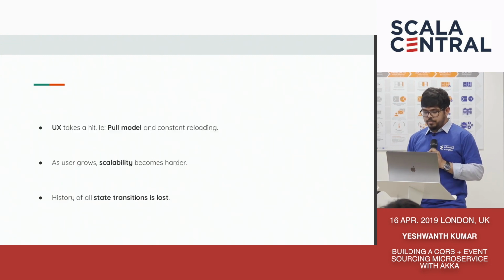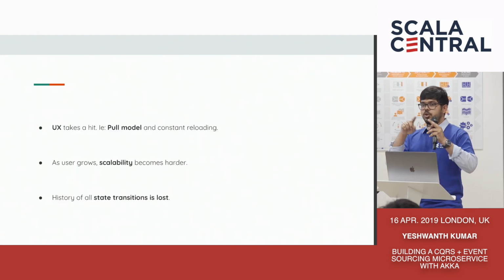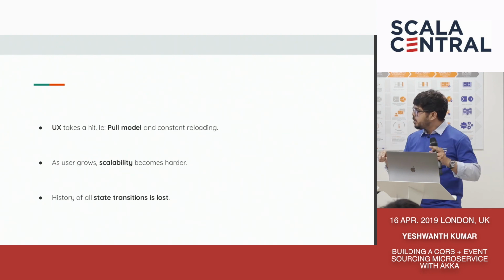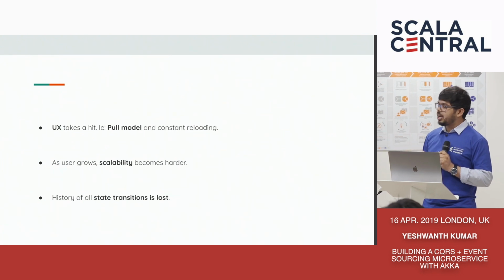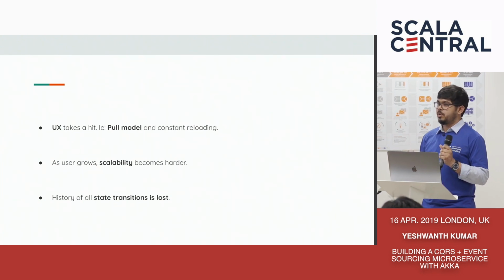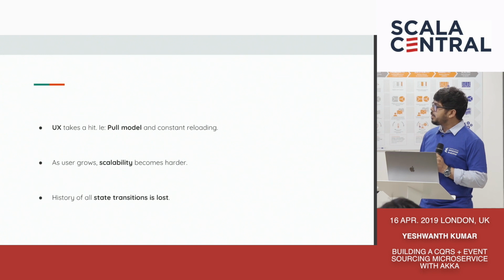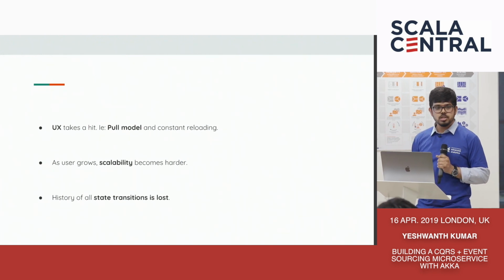So there'll be a lot of reloading where you need to constantly poll, and the UI takes a hit, right? So the pull model is not really that good. This is one example. And of course, scalability becomes harder as the user base grows.